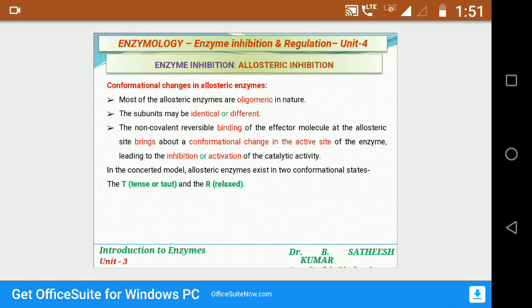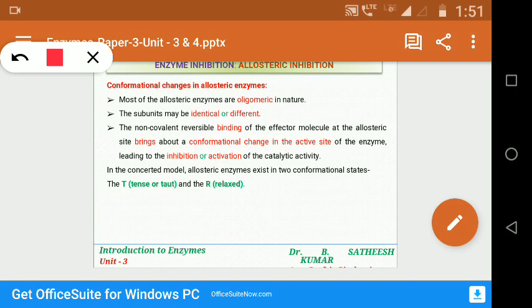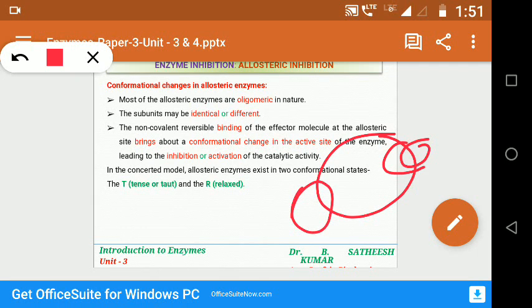The non-covalent reversible binding of effector molecules at the allosteric site brings about a conformational change in the active site of the enzyme, leading to the inhibition or activation of the catalytic activity. So that means, suppose we have an enzyme, we will have a substrate binding site here, and an allosteric modulator may bind here.